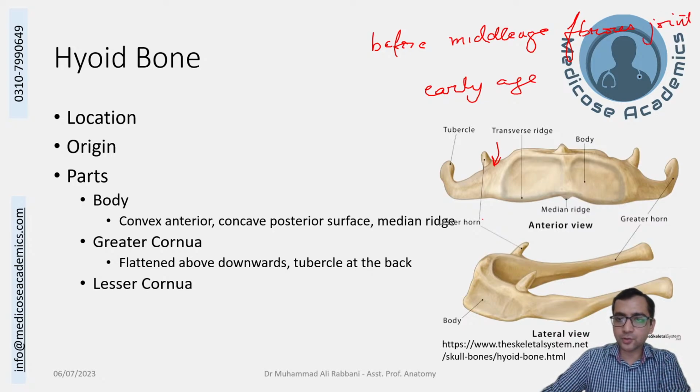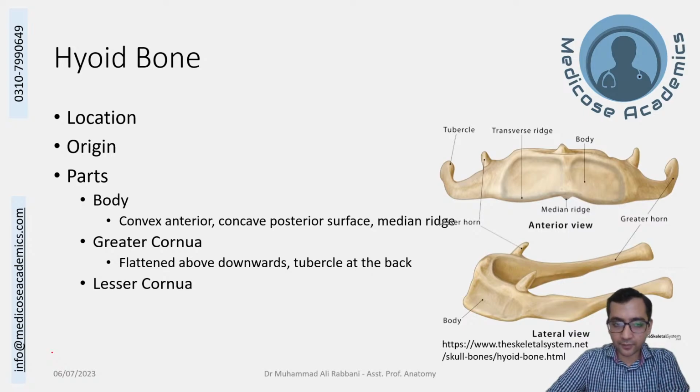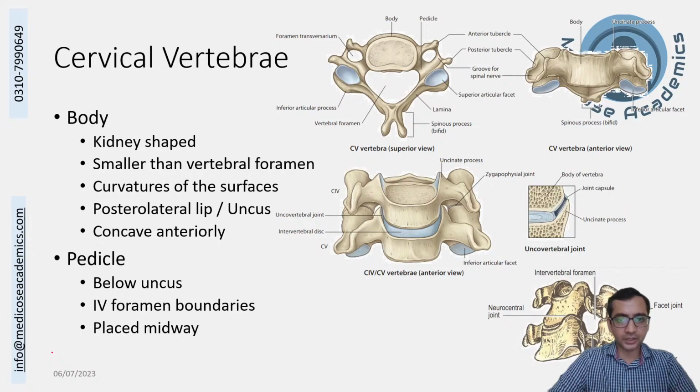But with time, as age progresses, they fuse with one another and become one bone. So we talked about the location and origin of the hyoid bone. Let's move on to the cervical vertebra. Give me a second.